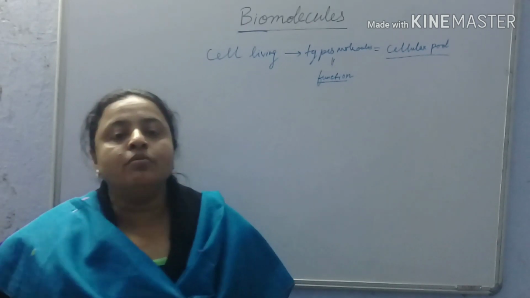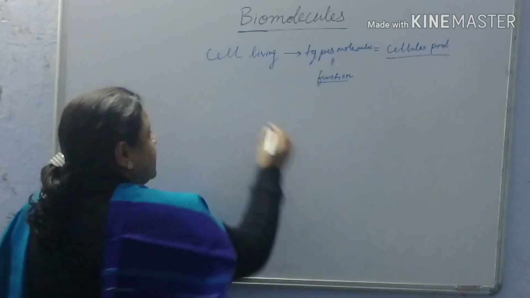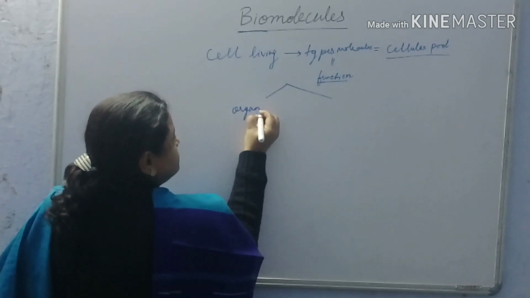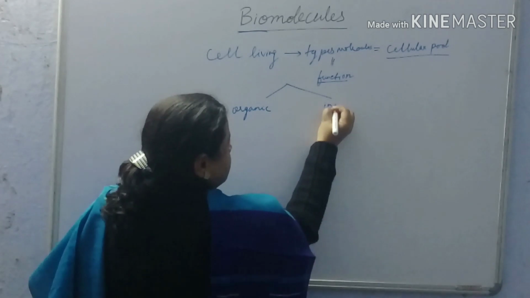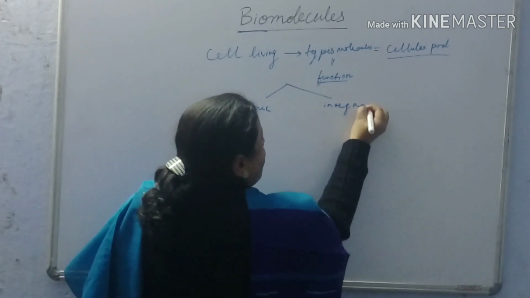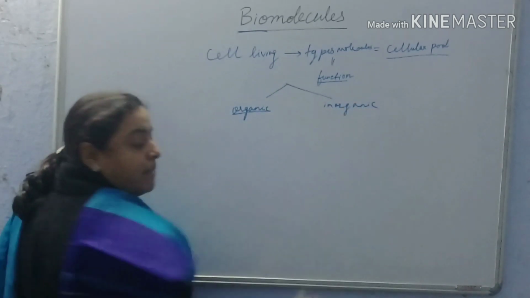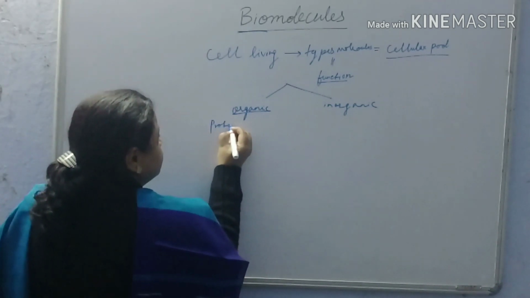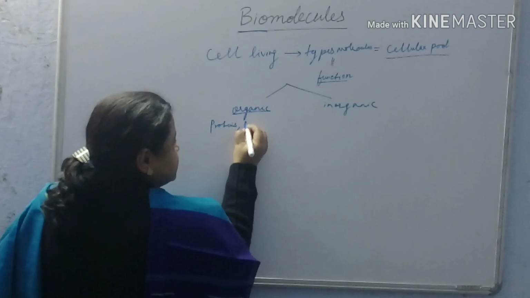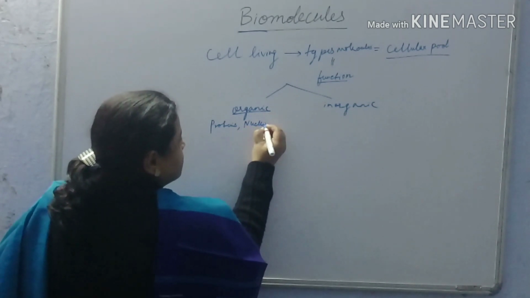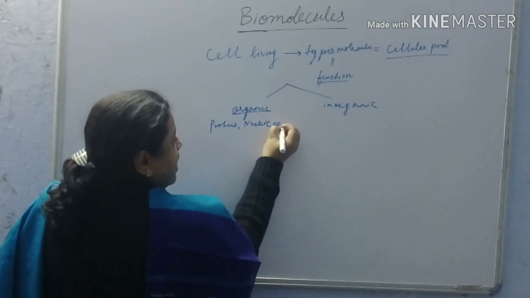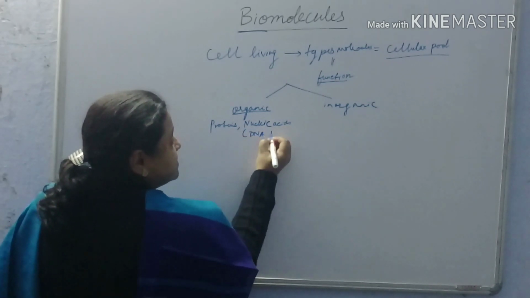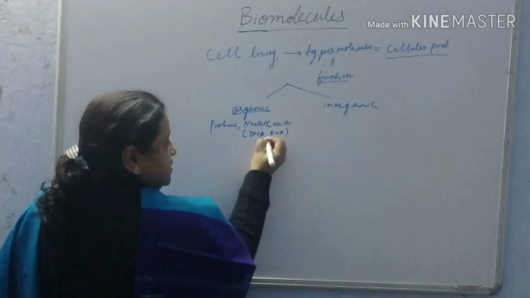Now broadly, biomolecules can be of two types. They may be of two types: organic and inorganic. In organic biomolecules, we find proteins, the nucleic acids, and as you know, nucleic acid means the DNA component and the RNA component.